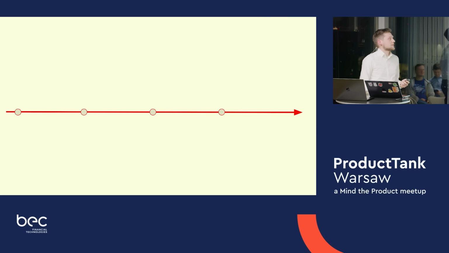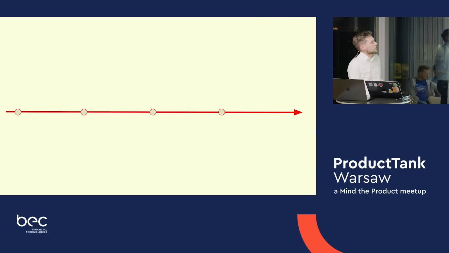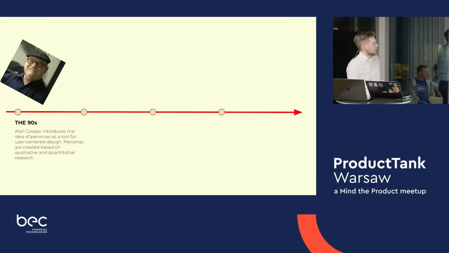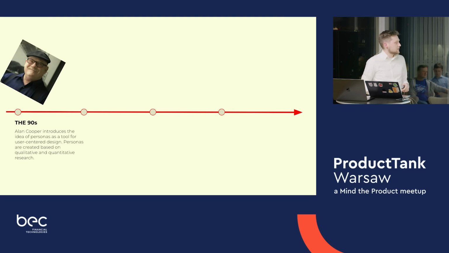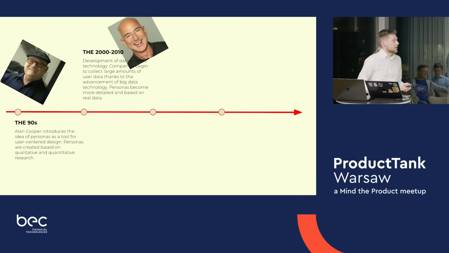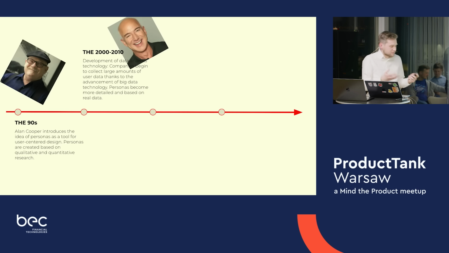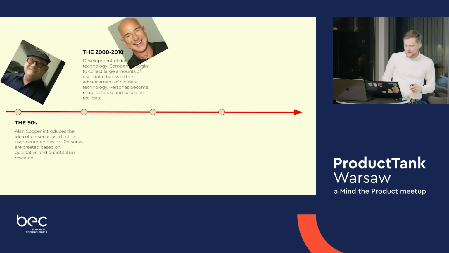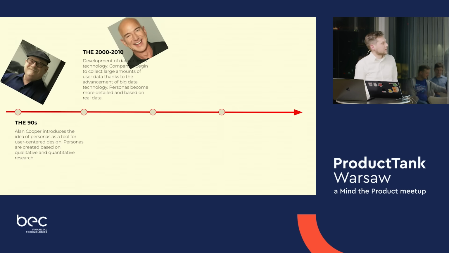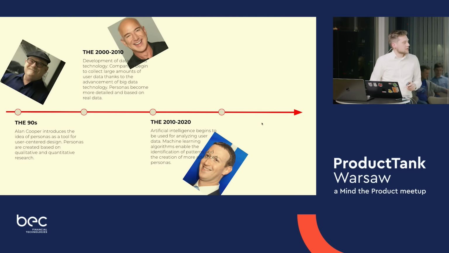Okay, but let's get to synthetic personas and some historical point of view. So we have Alan Cooper, and he introduces the idea of personas in the 90s. Then we have the 2000s decade and the development of big data analysis, and now we can use large amounts of user data and bring it through big data technology and create more detailed personas based on real data driven by users.